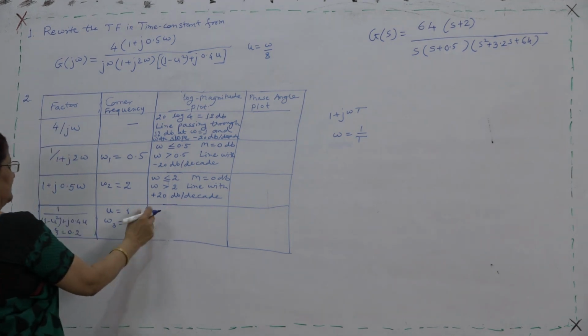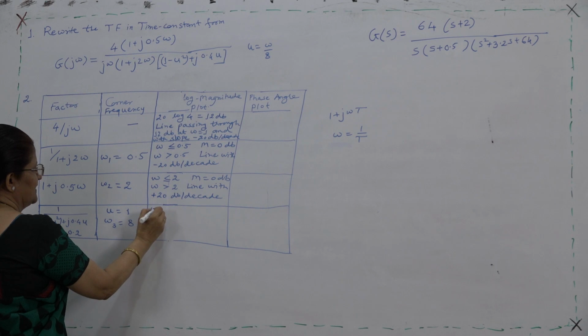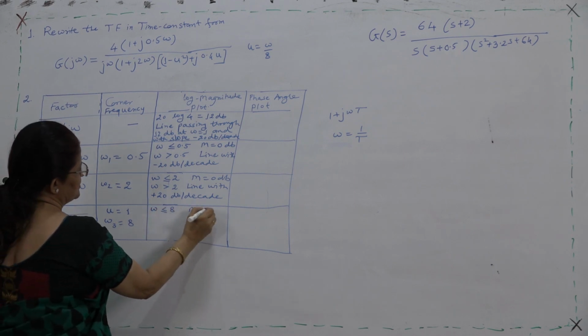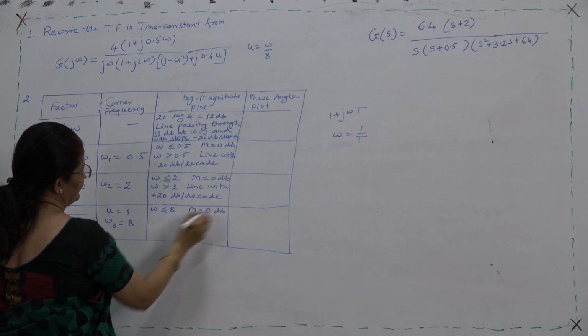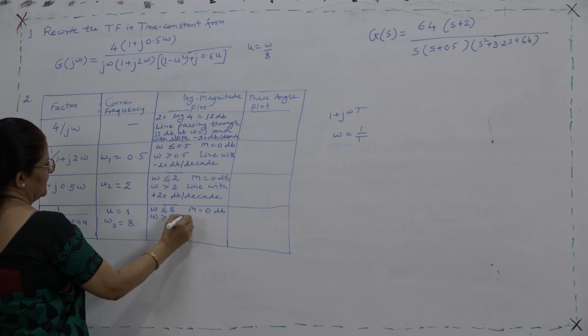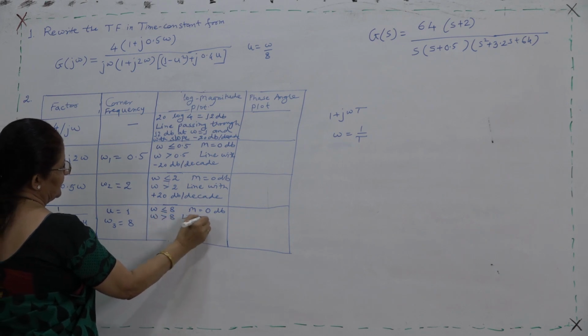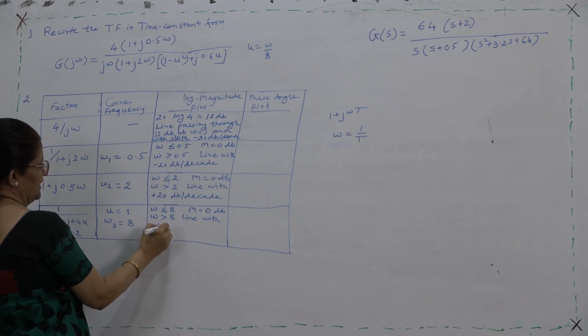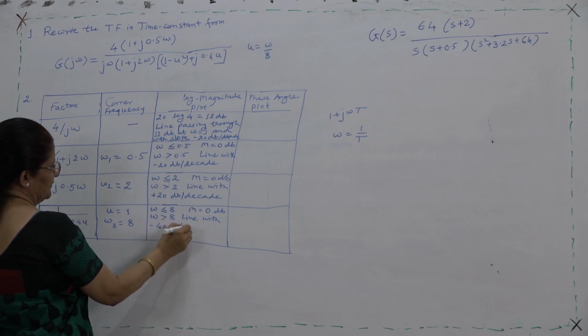What you will write here? For omega less than or equal to 8, the magnitude is 0 dB, and for omega greater than 8, line with minus 40 dB per decade.